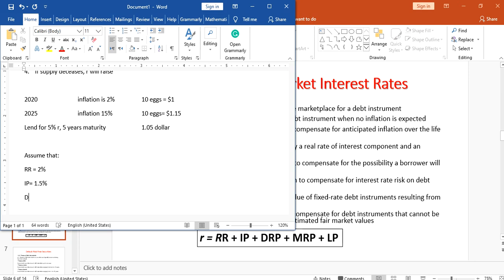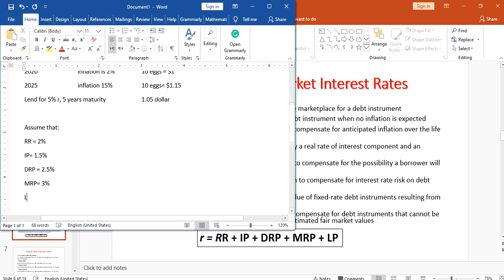Default risk premium equals 2.5%, and we have the maturity risk premium. Let's say the loan will be for 15 years, and that's why MRP equals 3%, and the liquidity premium equals 1%.